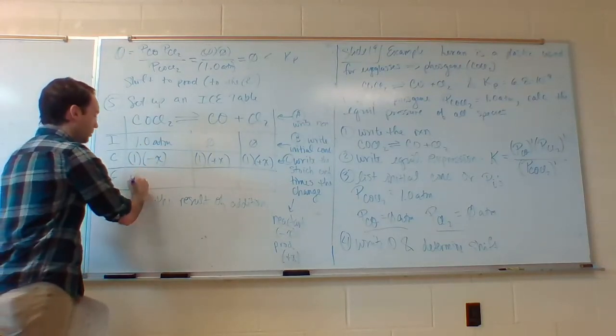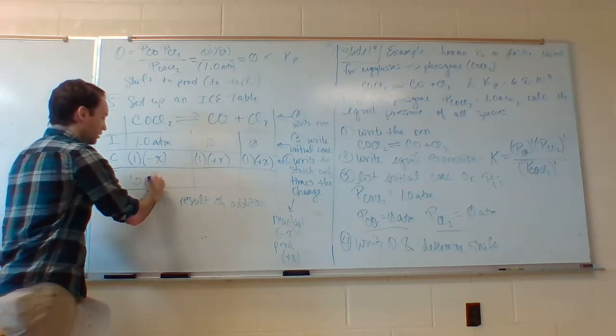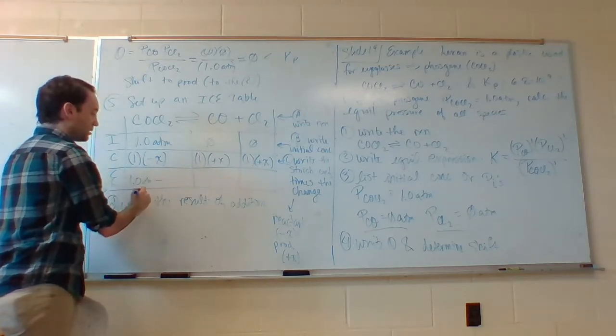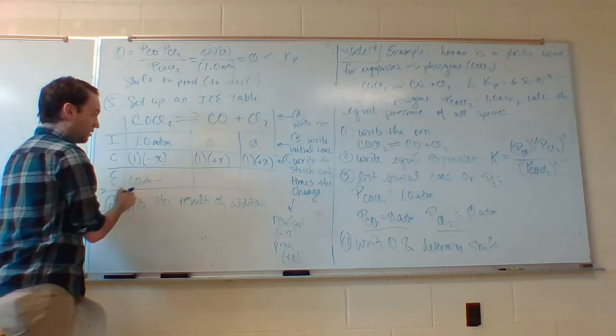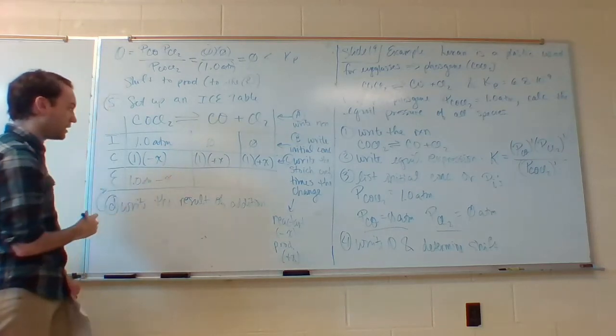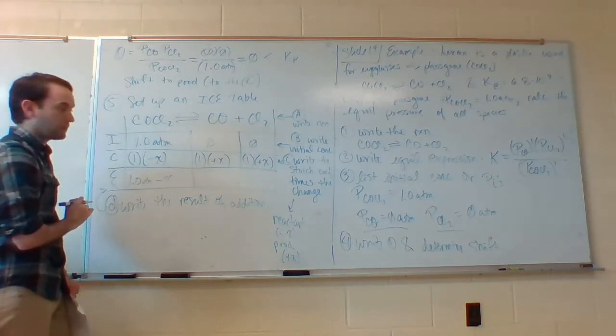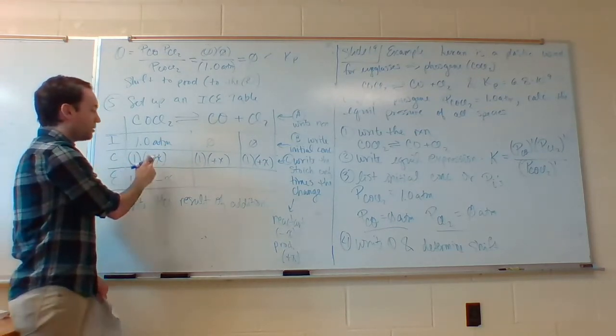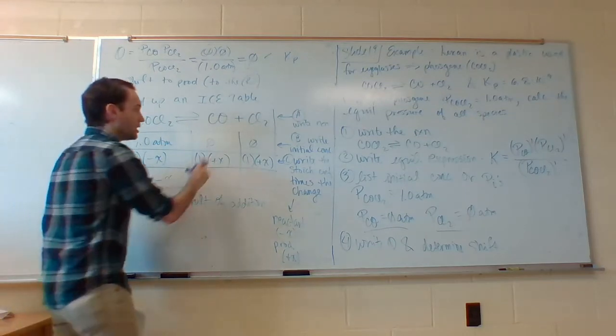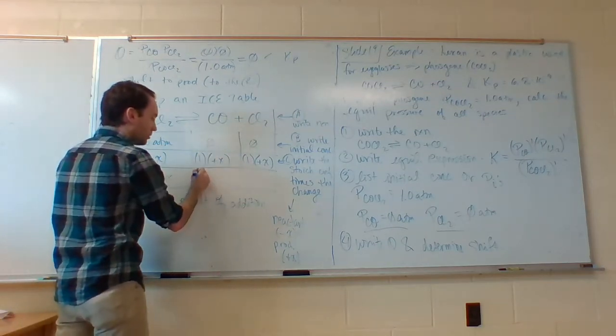So it's going to be 1.0 atmospheres minus or plus negative x, right? So I'm just going to say minus x because I took 1 and then I added the negative x, all right? Because I'm multiplying my stoichiometric coefficient times negative x. Here, I'm going to take 0, right?